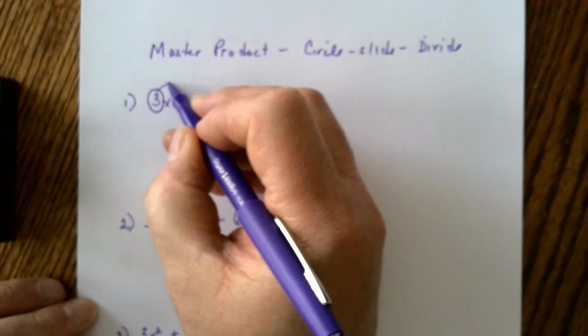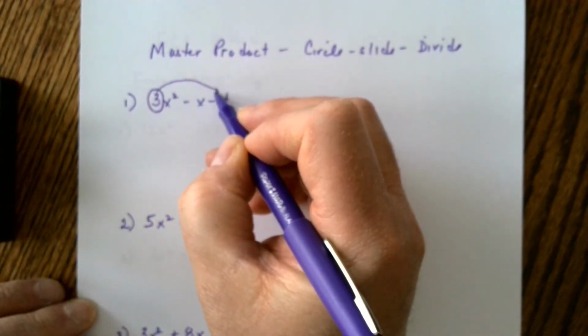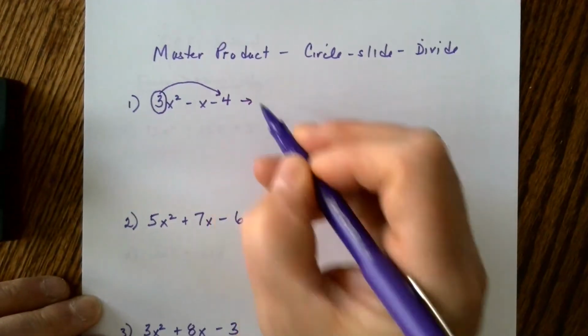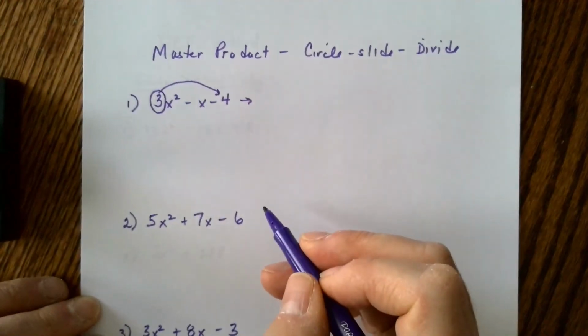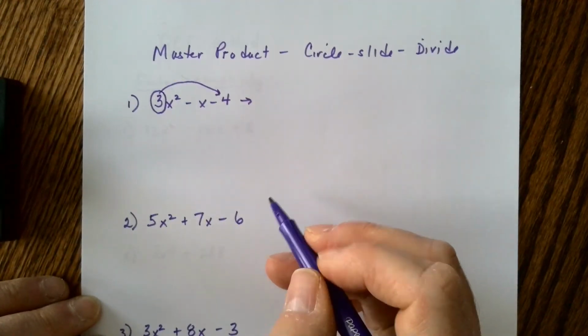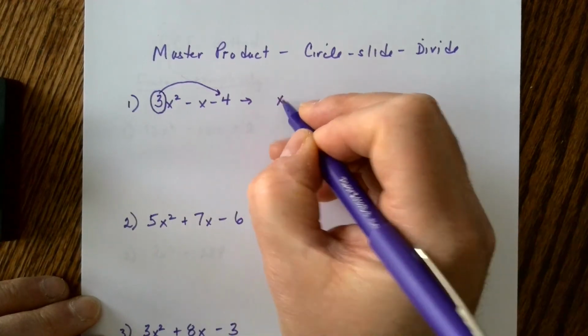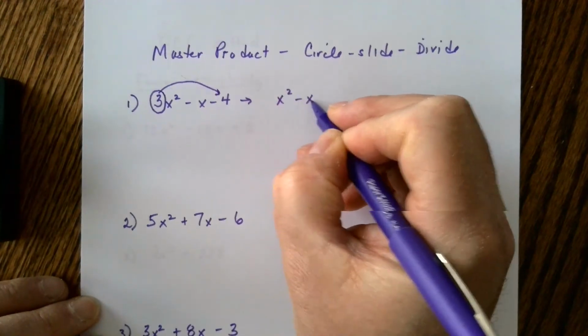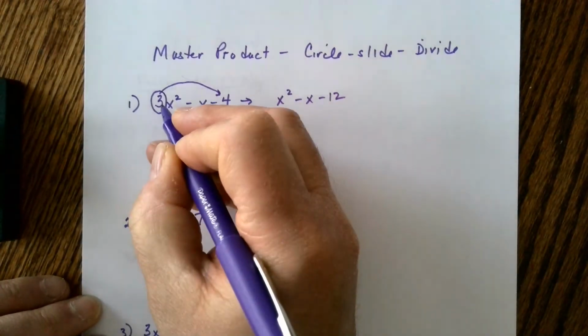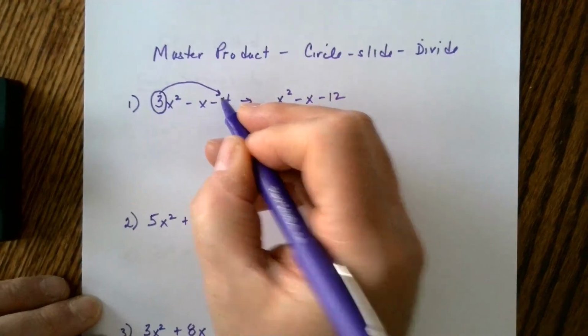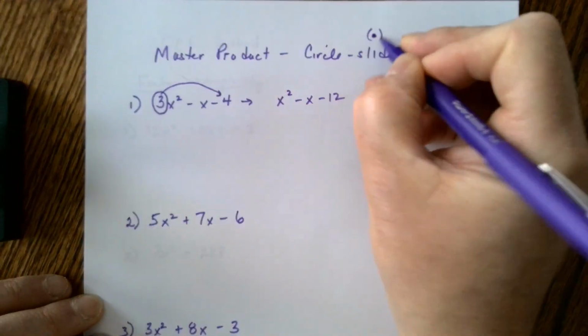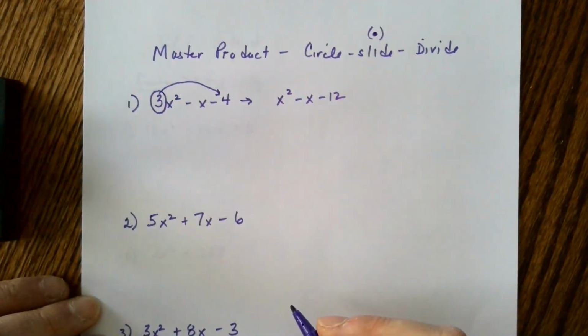So what we're going to do is multiply the 3 and the 4 together to give us a new quadratic that we can use to factor that will help us with the final factorization of our problem. So we're going to end up with x squared minus x minus 12 after we multiply. So we circle and we slide. When we slide, we really are going to multiply. Okay?